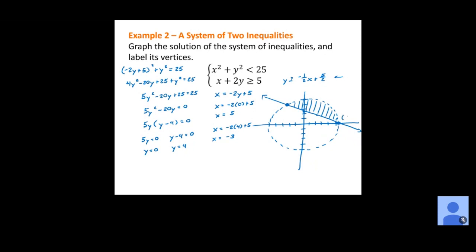Good. So 5, 0, and that would be this point right over here. And then negative 3, 4, that would be this point right up here. So those are the two vertices for this system of inequalities now.